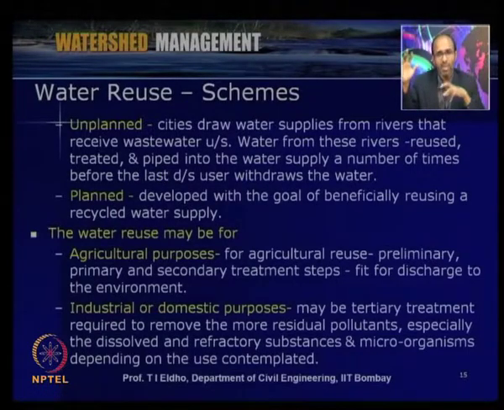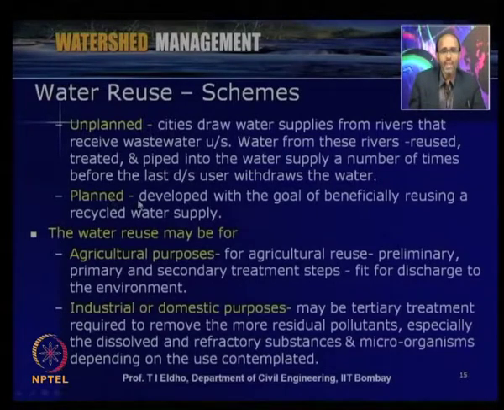Especially on the banks of long rivers, we can see a number of cities on both sides. So these are all unplanned. The cities are developing and need water, and we cannot plan in advance. So this is called an unplanned scheme.